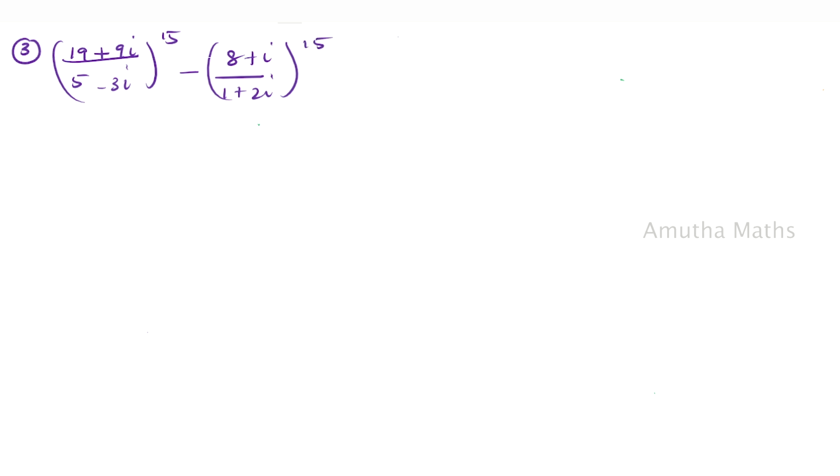Now the third question is: show that 19 plus 9I by 5 minus 3I the whole power 15 minus 8 plus I by 1 plus 2I the whole power 15 is purely imaginary.